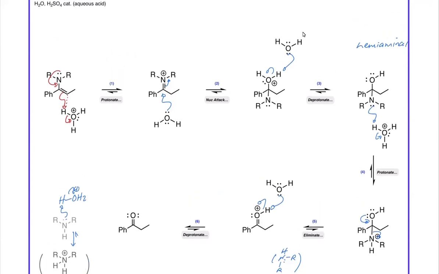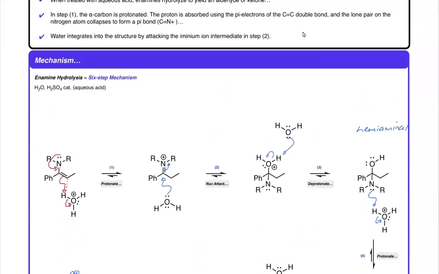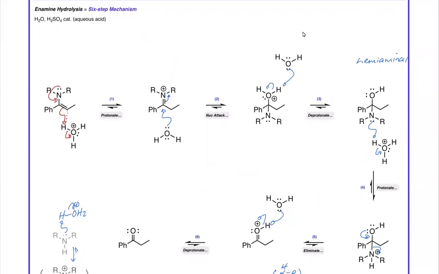Okay, going to recap that one more time. Enamine hydrolysis. In the enamine stage, we are going to collapse our lone pair from our nitrogen atom, forming a pi bond. And then we push electrons from the carbon-carbon pi bond to the proton of hydronium, which is forming our carbon-nitrogen pi bond and adding a hydrogen to the alpha carbon. From there, water will attack and bond, breaking the carbon-nitrogen pi bond of your iminium ion.